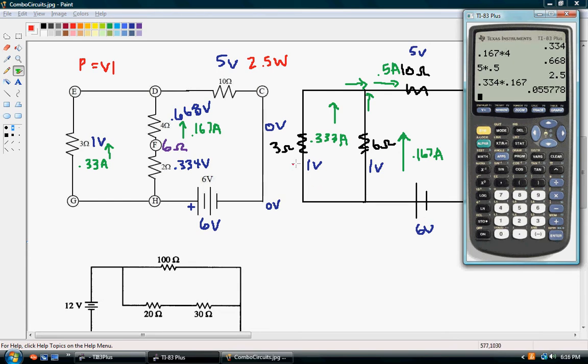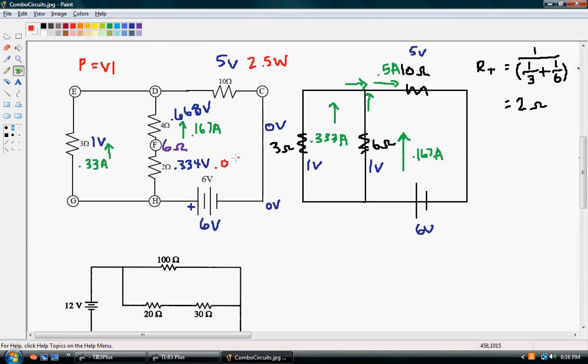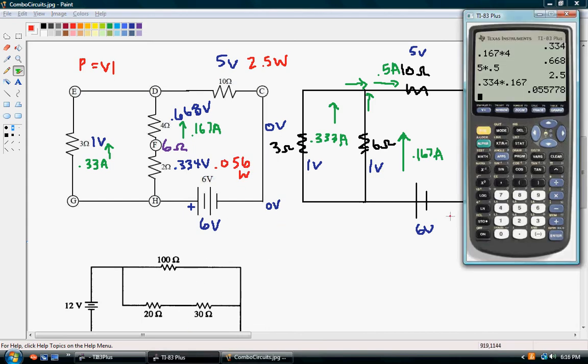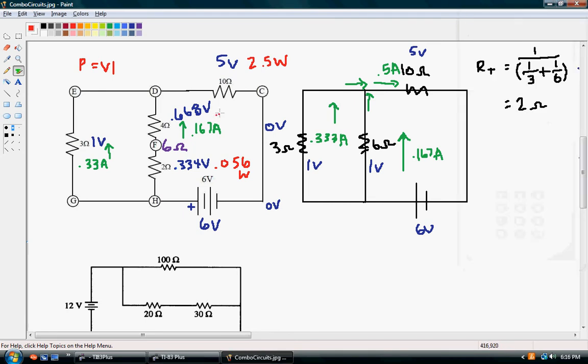It used 0.056 watts. The 4 ohm resistor used 0.668 times 0.167, so 0.112 watts.